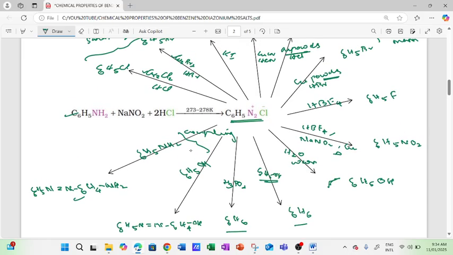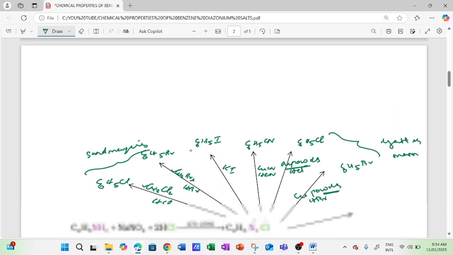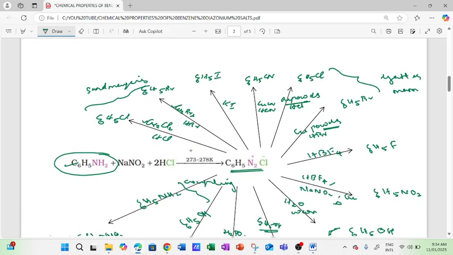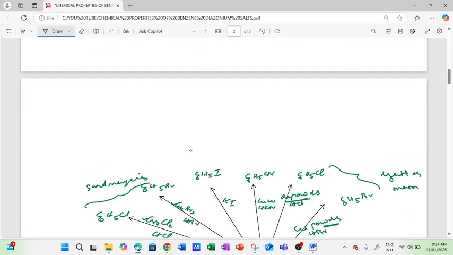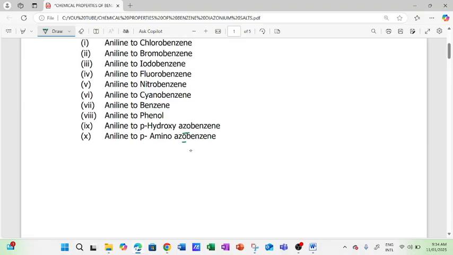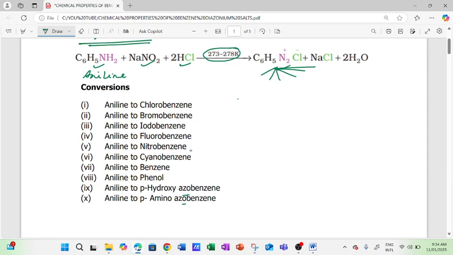Everywhere you start by writing aniline first. First you convert aniline to diazonium salt and then prepare all these different compounds. So these are the different techniques to prepare different types of compounds from diazonium salt. This diazonium salt has very good practical applications. I have discussed all these conversions. In your textbook, there are some questions in the exercise related to this type of question, so go through the textbook and practice all those. Thank you.